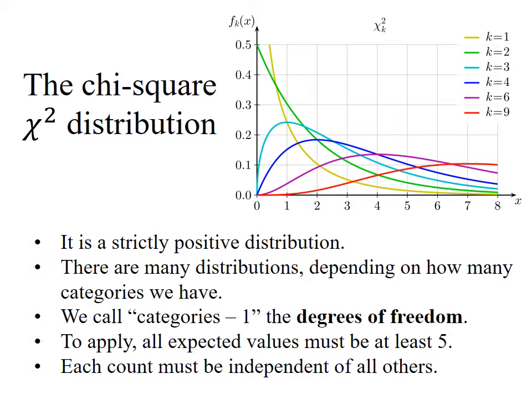Now, this method of analyzing data only applies if, first of all, the expected values are at least about 5. If they're less than 5, this method doesn't really work. So always make sure that you expect to have at least 5 counts in each category. As always, each thing must be independent of all other things.